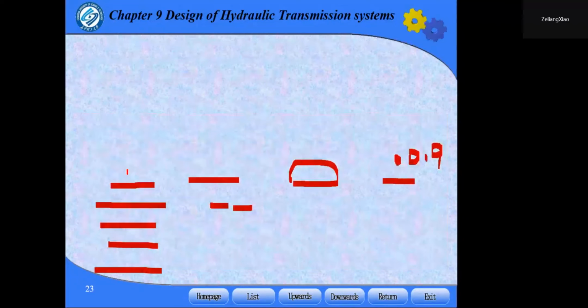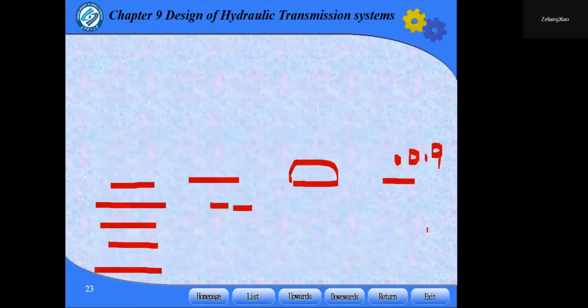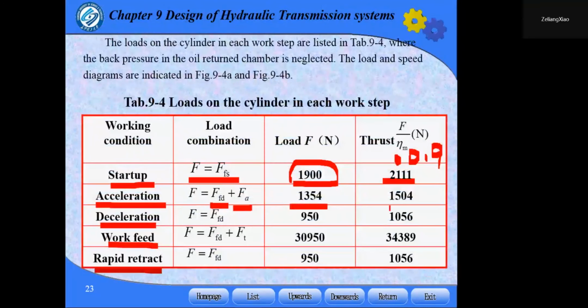Initial force we have calculated in there. So here's the total force equals the sum of the initial force and the friction of motion. So it's this one, and we can calculate this one. This one equals 0.1, equals this one.